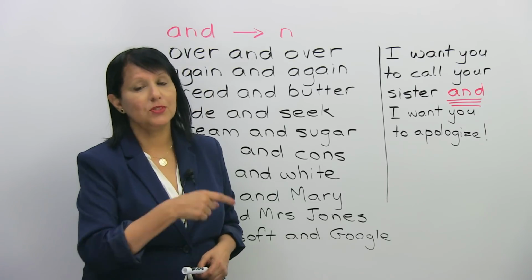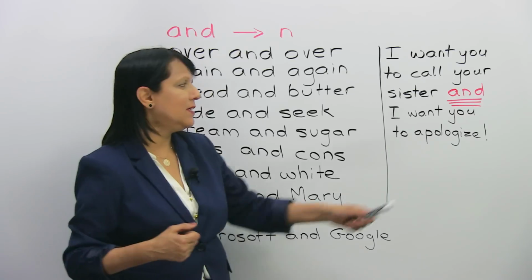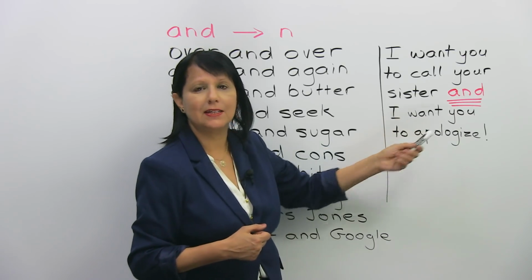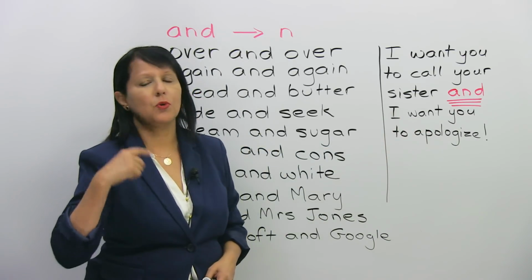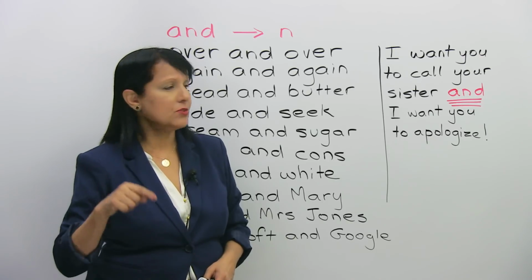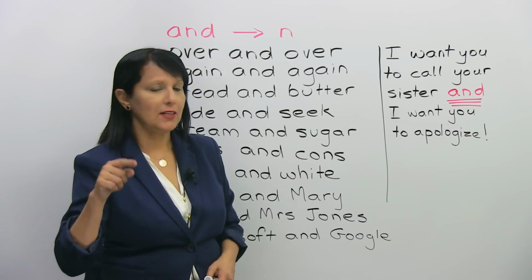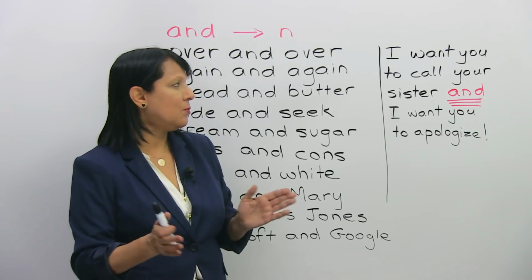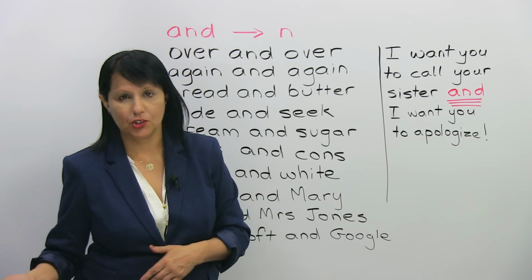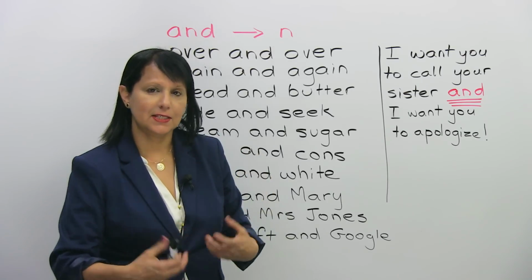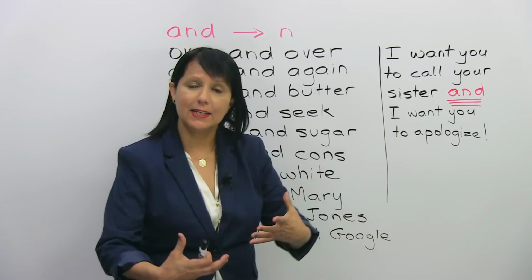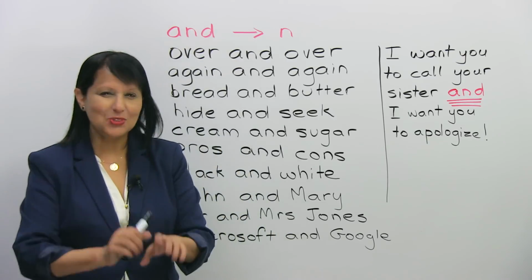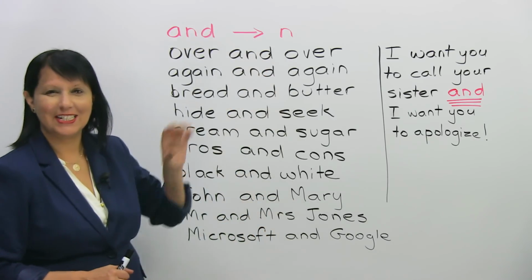Now in this case, the person who was saying that really wanted to emphasize this second part, that I don't just want you to call your sister, but I also want you to apologize. So that's why in that particular sentence, we don't just say n. They were emphasizing it. So that's why they said and like and. But most of the time, this is what you need to do.